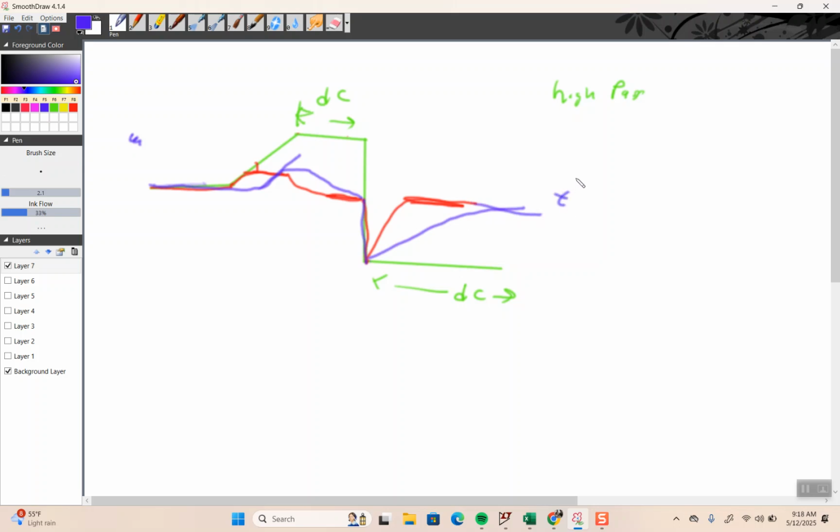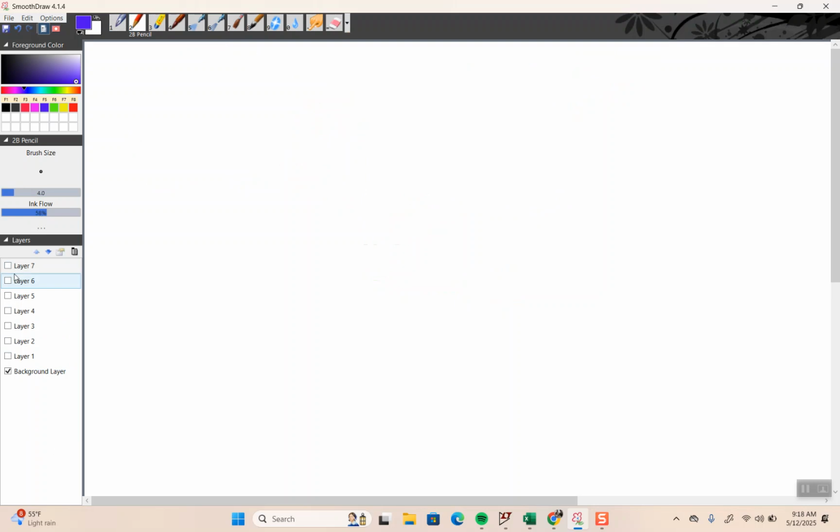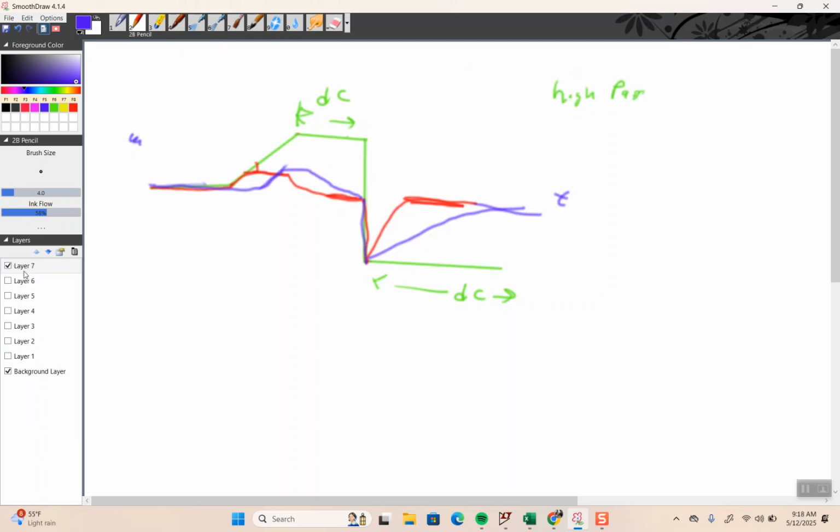So really, I'm just doing an intuitive or graphical convolution of what's going on, all right? What do I expect? So that's all in the time domain, right?